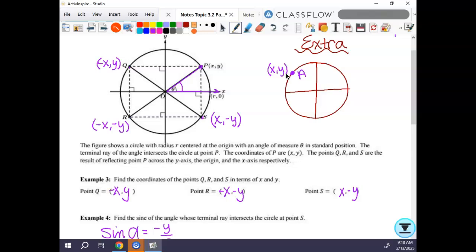So if I have that point and that point is x, y, and then they ask me for this point, which is B, let's say, even though I know in the third quadrant it's negative x, negative y, based on this, that wouldn't make any sense. So here for this one, the x value is the same and the y value changes. Does that make sense to you?